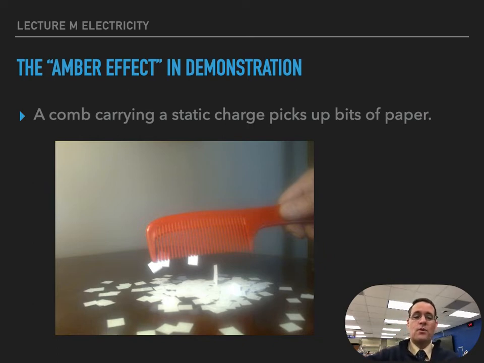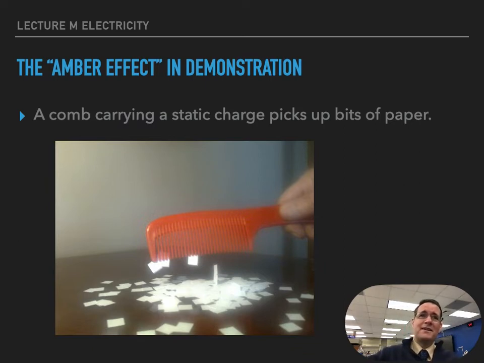I'm not going to require you to memorize the vocabulary word induction. And so the positive charges on the paper are attracted to the negatively charged comb, and this can result in pieces of paper actually being stuck or drawn or float through the air or stand on end on the tabletop in the direction of your comb.